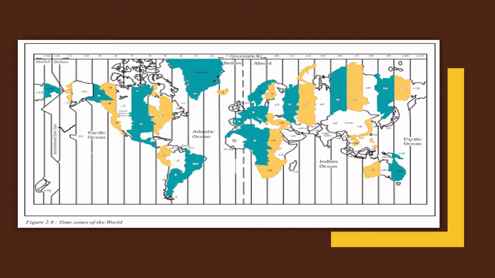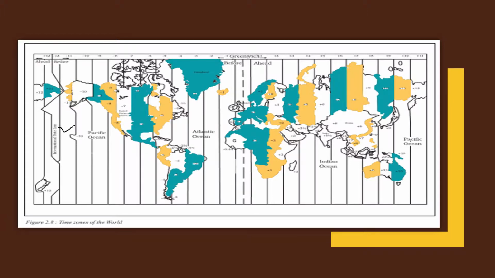So to clear this, the line has been drawn zigzag, because it will be very difficult for the area to follow the timing. So it has been divided in a zigzag way. Friends, we'll discuss various points in the upcoming slides.